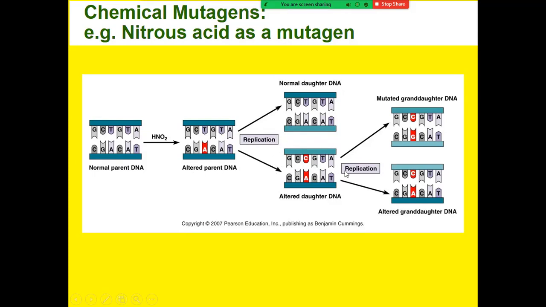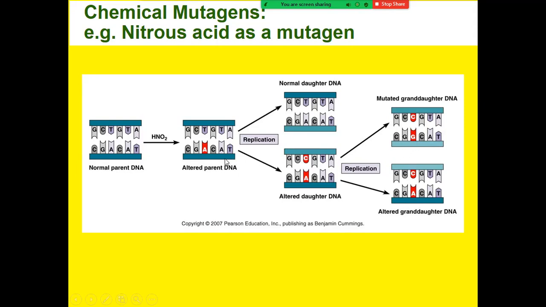And once the mutation is fixed, it's nearly impossible to revert the mutation. Okay, I'm not going to say it's impossible, because you could have a back mutation, and that is where this will be replicated, the C will be replicated to a G. You could have a mutation where this G is mutated to an A. So that would be a back mutation.